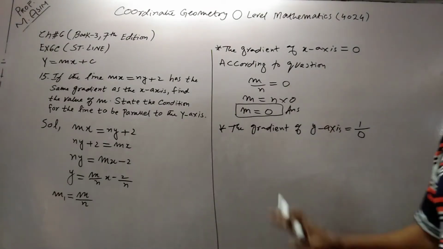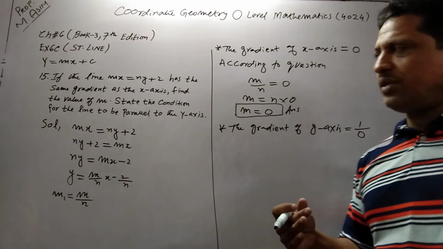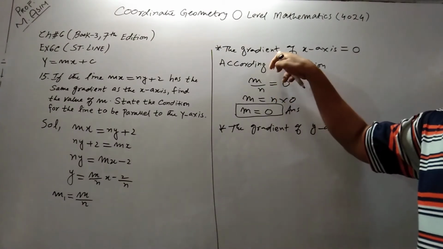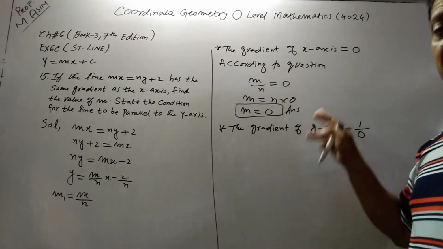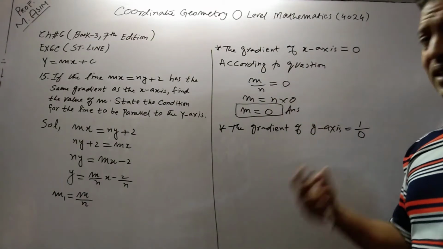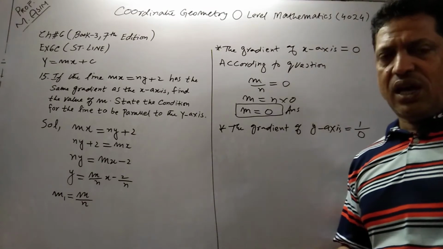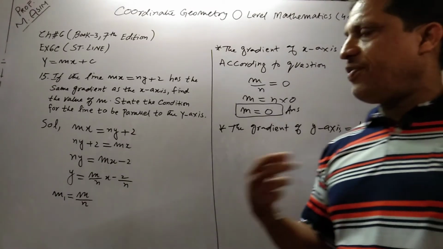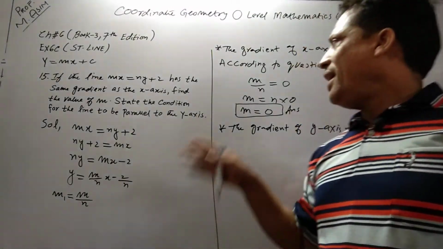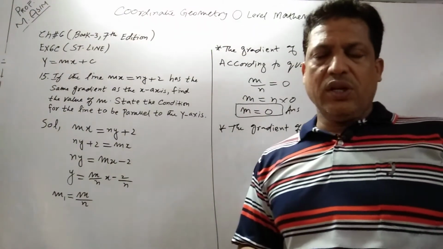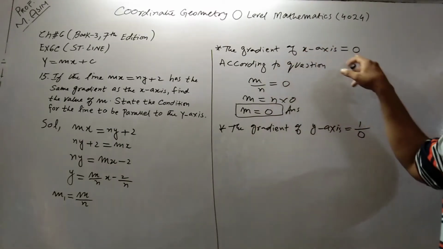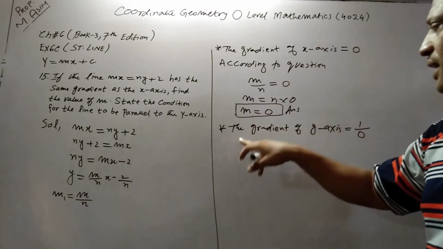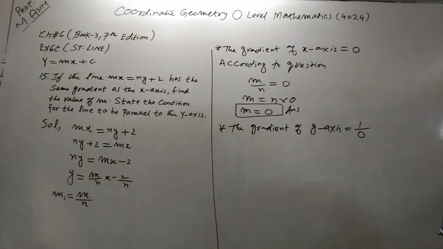There is a concept behind why the gradient of the x-axis is 0 and the gradient of the y-axis is 1 upon 0. At this stage, I am not able to give you the detail because it's beyond your scope. So you just know the gradient of the x-axis is 0, the gradient of the y-axis is 1 upon 0.